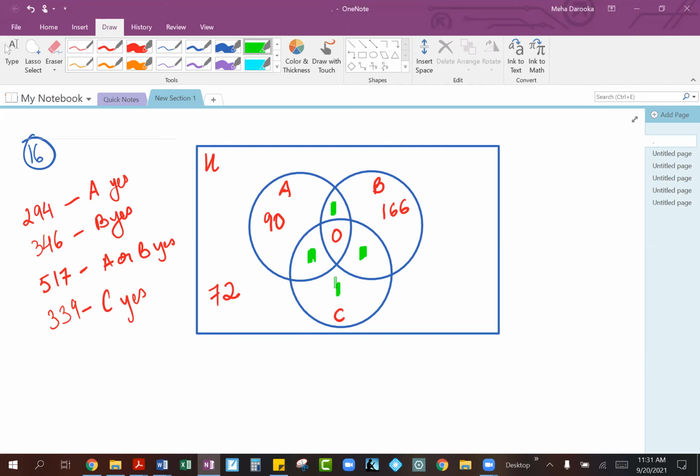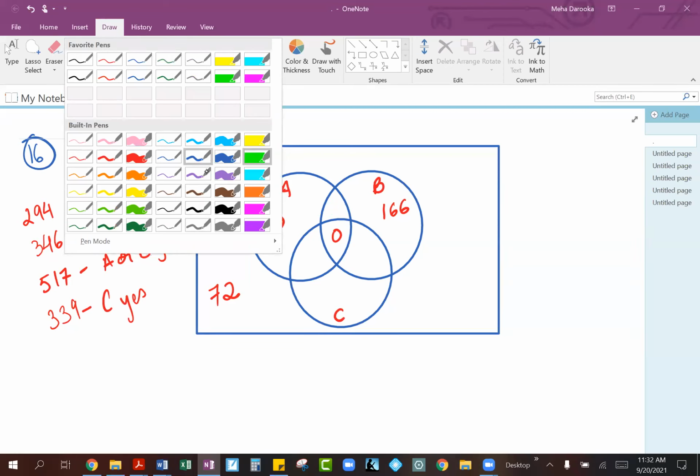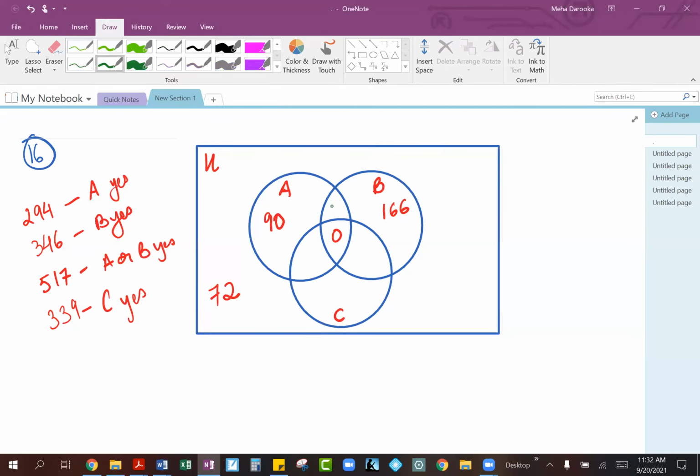So the way we are going to do this, and I'm trying to think what would be the best way to approach this, let's label these empty sections over here. So let's call these overlapping sections X, Y, and Z. And since this represents proposition C, we'll just call this section C over here.